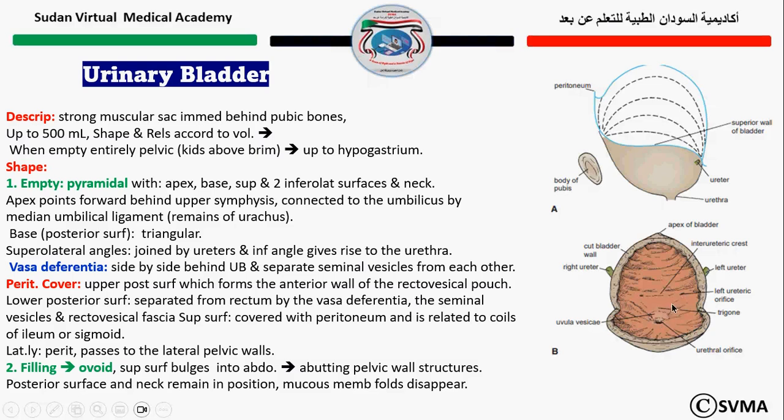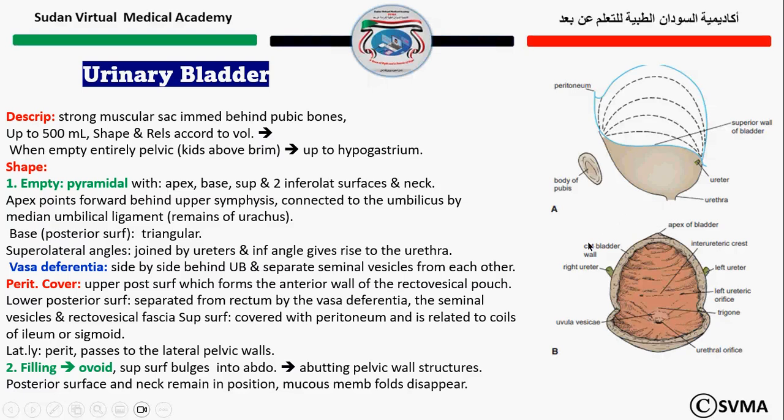التراينجل اللي بين اليوريثرا والتو يوريتريك اوريفيسز ده اسمه الترايجون، وده فيه الميوكس ممبرين بيكون stuck to the muscle، عشان كده بيكون السيرفس بتاعه flat even when the bladder is empty. When the bladder is empty الميوكوزا بتاعتها بتبقى شكلها كده curved.